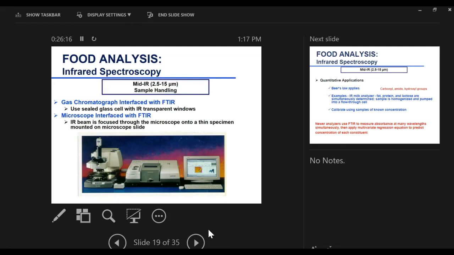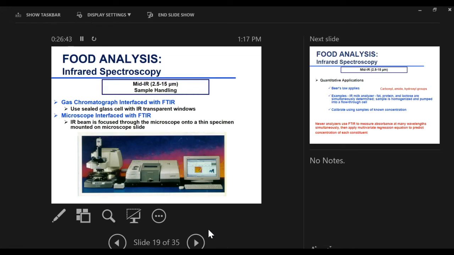You can have a thin specimen on a slide, and you project the light through the microscope, and then you scan the surface of the specimen. This can be applied to look at, let's say, crystallization on the surface of a sample.